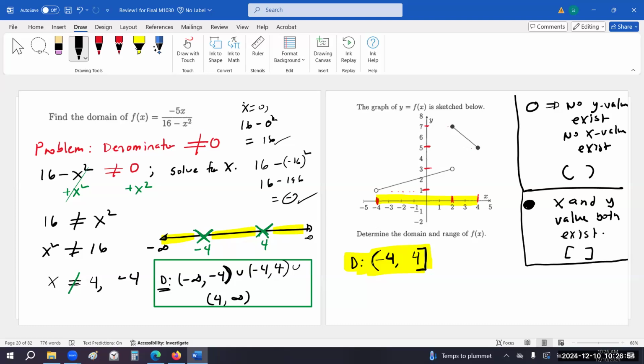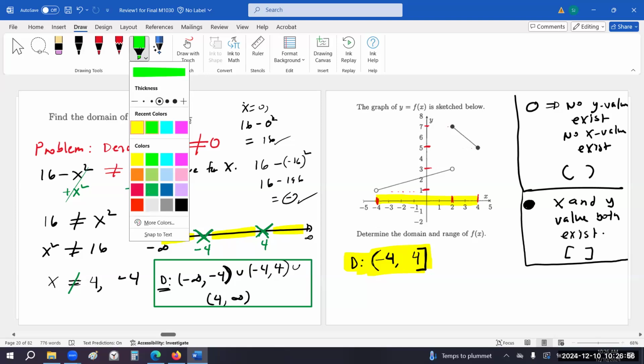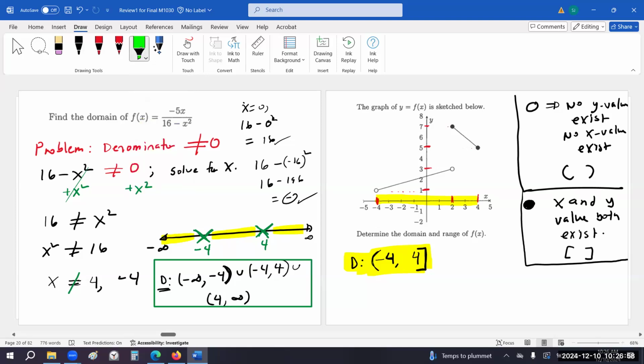Now let's look at the y's. What is the smallest y we have? Louder. 3. Really? Why do we have x here? What is our y? So what is the lowest y value we have? 1.